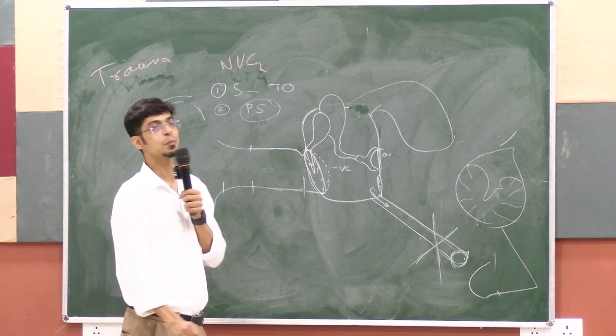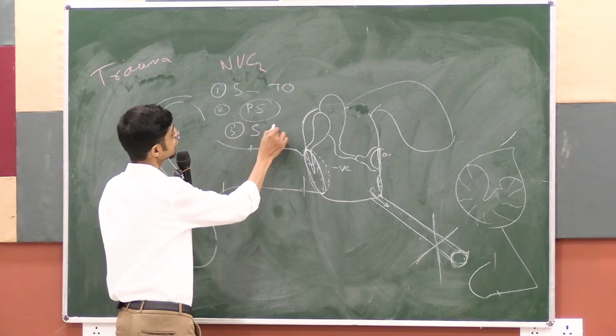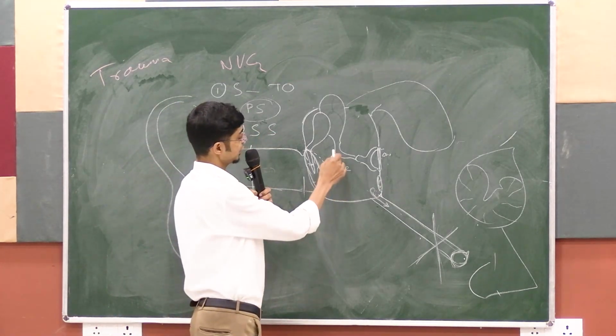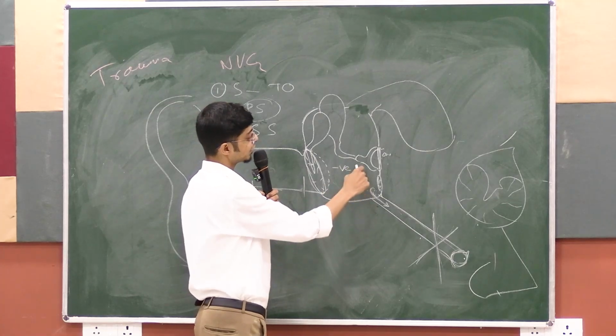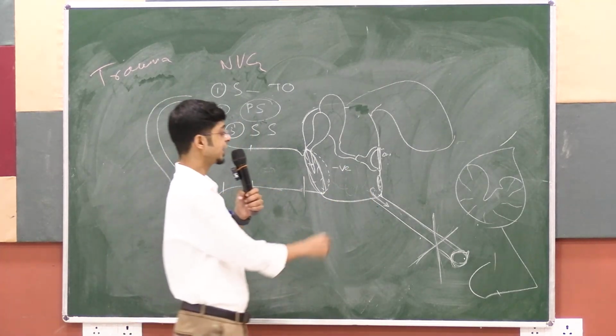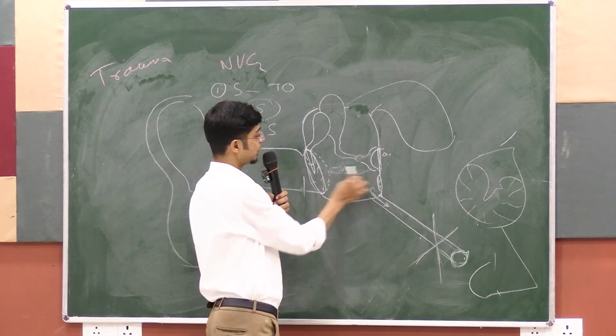So after this, we have the stage of suppuration. That means there is formation of frank pus in the middle ear. So stage of suppuration. Here what happens is whatever secretions of the normal middle ear cavity was there, it gets infected and gives rise to pus here.